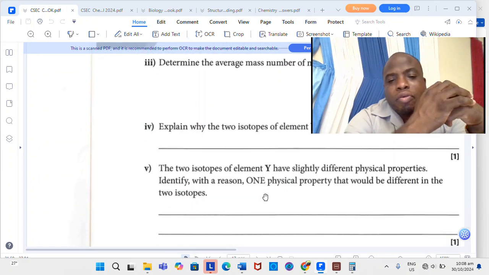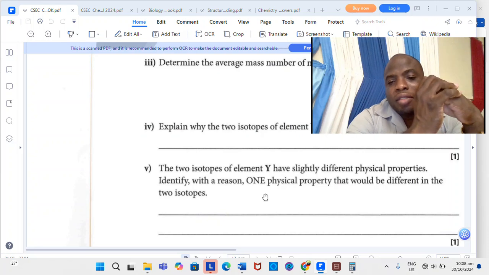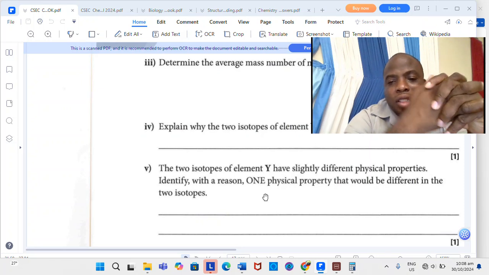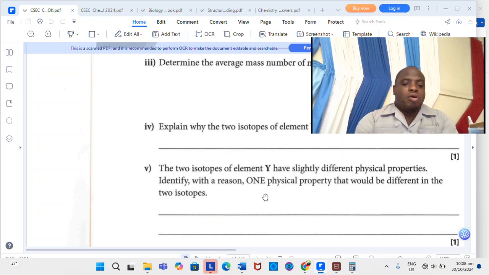The 2 isotopes of element Y have slightly different physical properties. Identify with a reason 1 physical property that would be different in the 2 isotopes. So we know there's a slight difference in the physical property linking to the mass. So the mass of the isotopes is going to be different. They're different because both of them have a different number of neutrons.